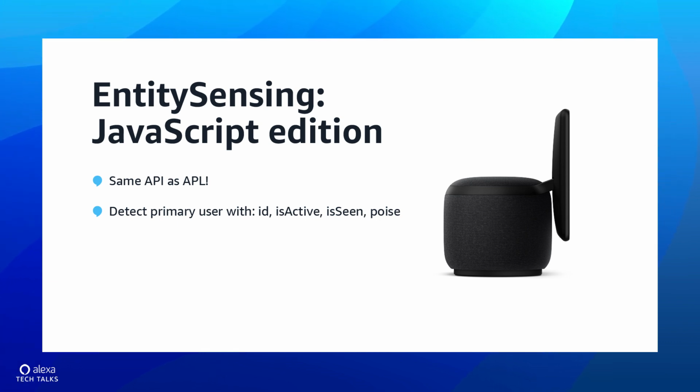So you're going to be able to detect the ID of the user, whether or not they've spoken the wake word, whether or not they are seen, and the customer's pose, so that's the absolute and relative angle. And just like before, when the customer changes to a different entity, that's going to change in the JavaScript library as well. So you can check this in your update loop and react accordingly.